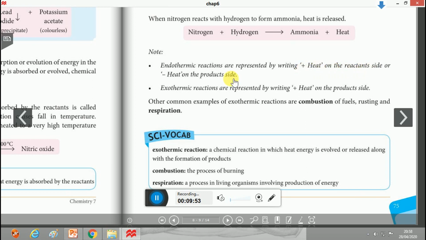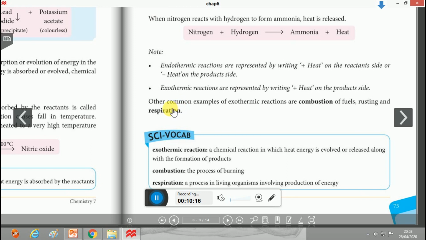If you want to write minus heat, you have to write it on the product side. But it is reverse in the case of exothermic reactions. Exothermic reactions are represented by writing plus heat on the product side. If you want to write it on the reactant side, you have to mention minus heat on the reactant side for exothermic reactions.